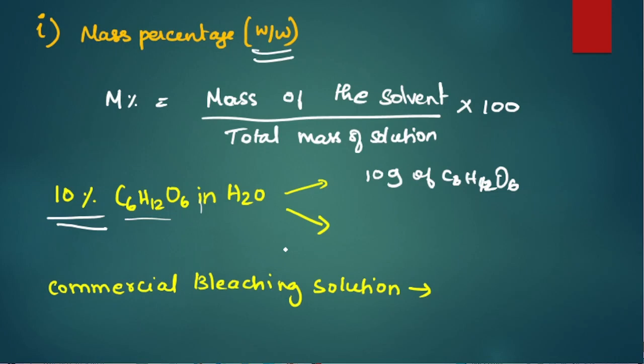So what is the meaning of it? 10% of C6H12O6 means 10 grams of solute is mixed in 90 grams of water. Water is the solvent over here, right? So 10% of C6H12O6 in water means 10 grams of C6H12O6 present in 90 grams of water.